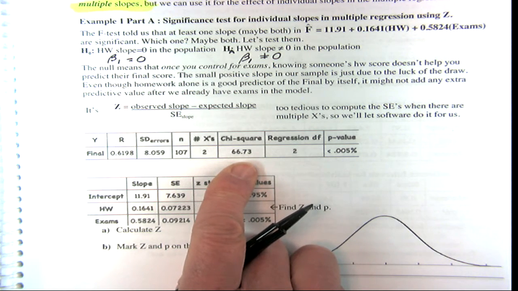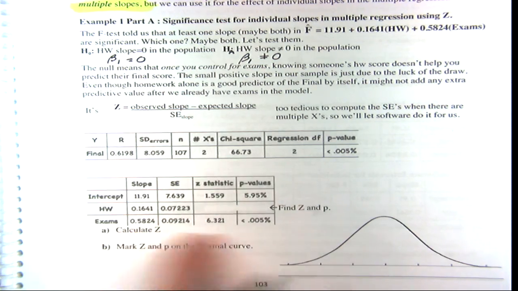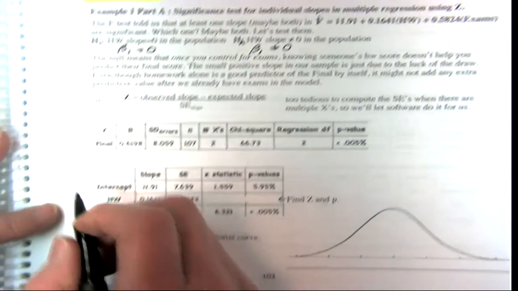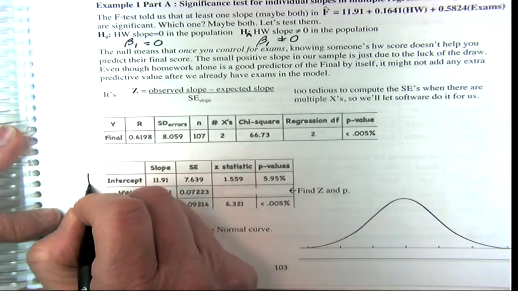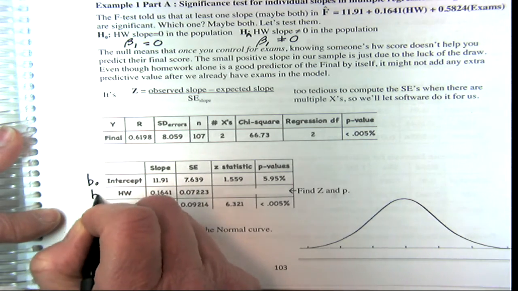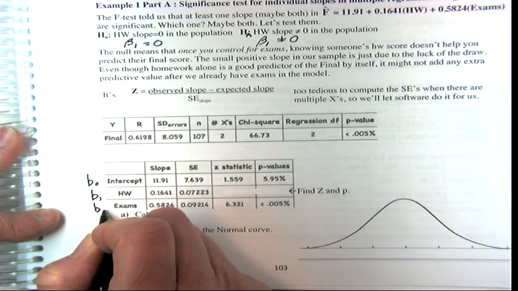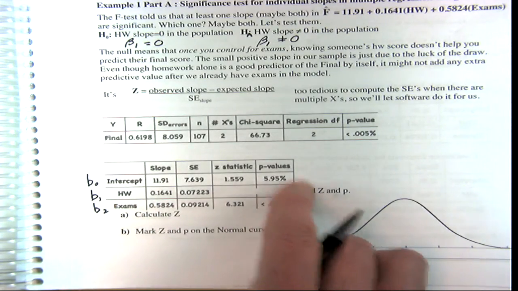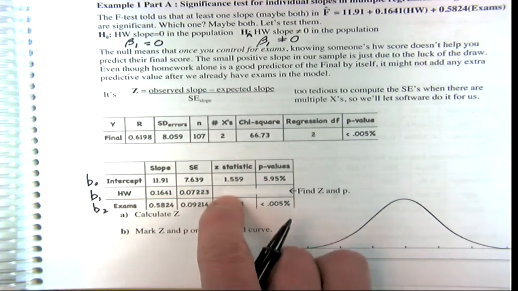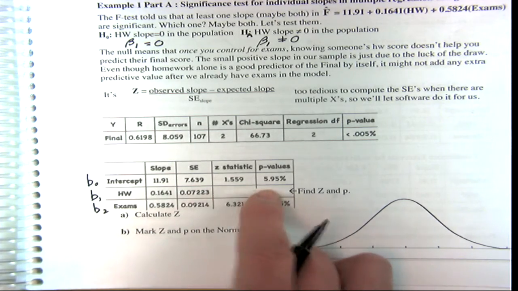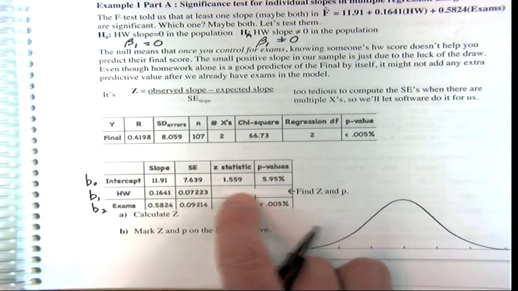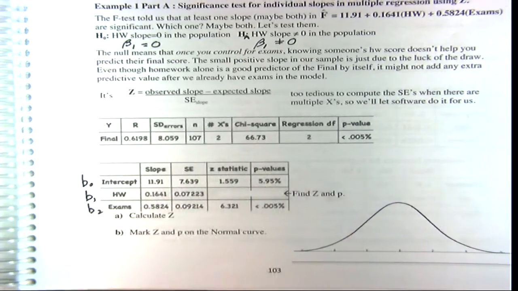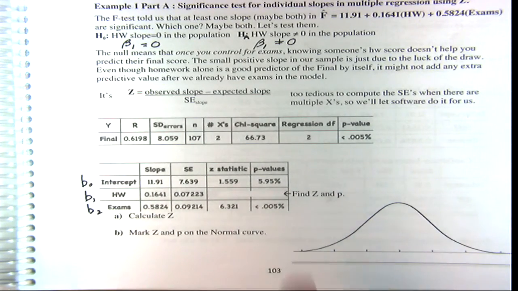And now this is what the printout gives us for your intercept, beta naught, and here's B1 and B2. Okay? I erased this because I wanted you to find this z statistic and this p-value. So I erased the computer printout here.